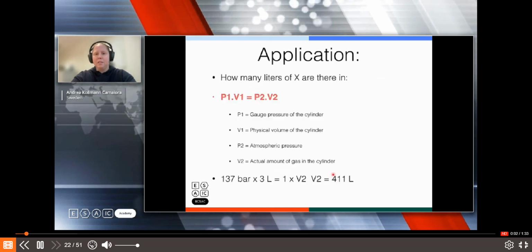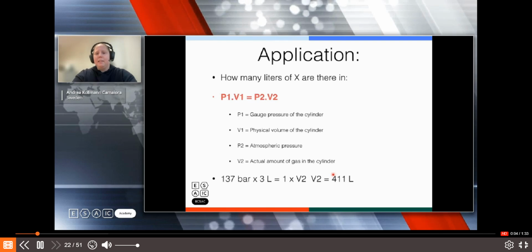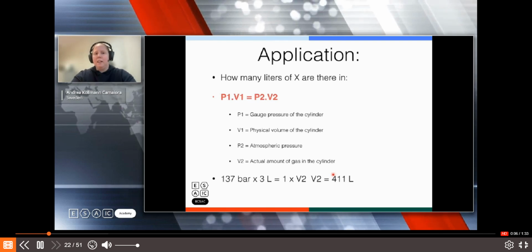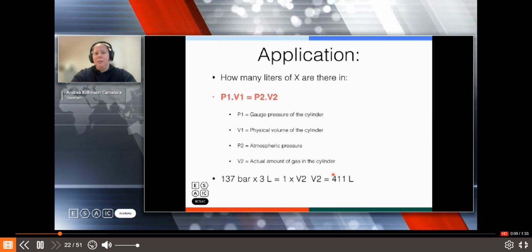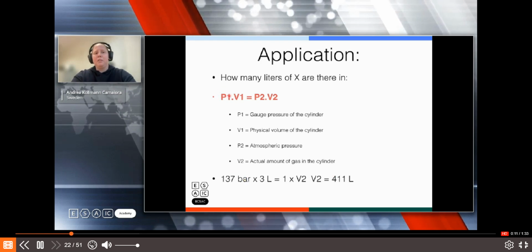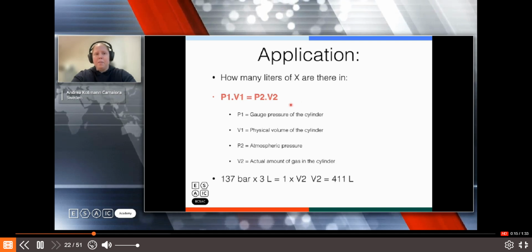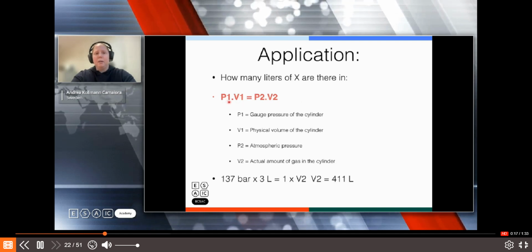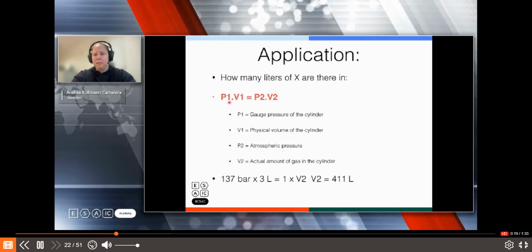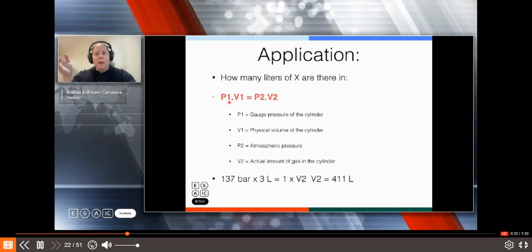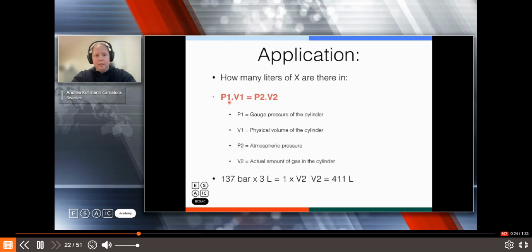And the application you're asking about, well, it's easy. It's to know how many liters are in something, because the pressure times the volume equals the pressure times the volume. For example, this can be my gauge pressure of the cylinder, so how many bars of oxygen are in the cylinder.